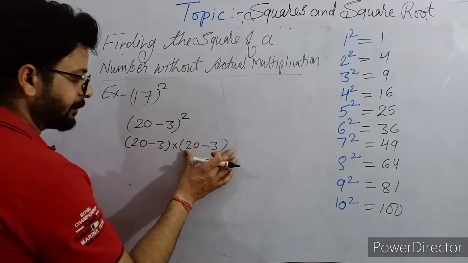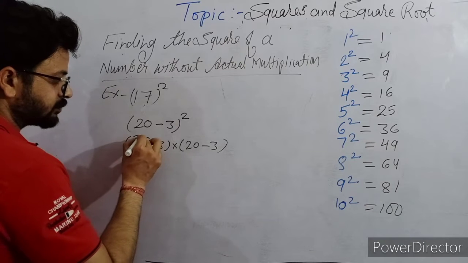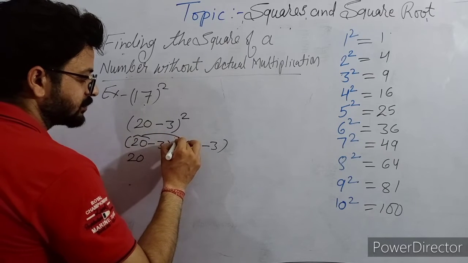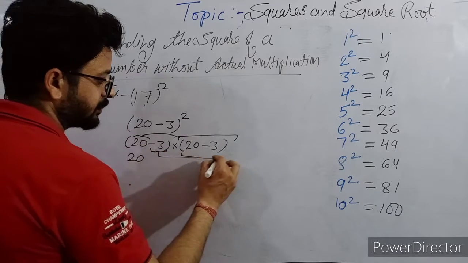Now 20 will multiply by this bracket and minus 3 also. This 20 is multiplied by this whole bracket, and by minus 3 also the whole bracket will be multiplied.